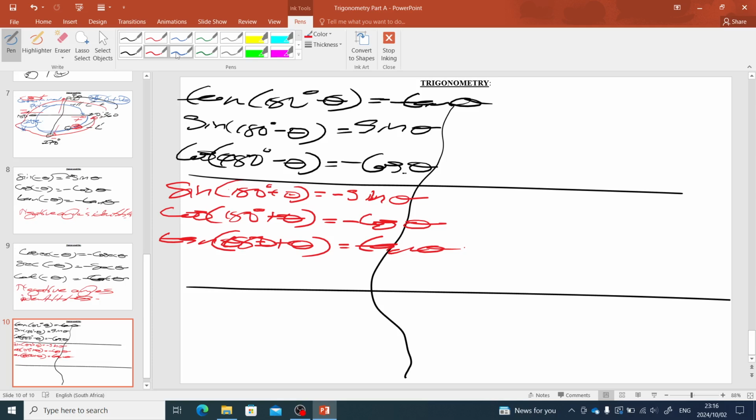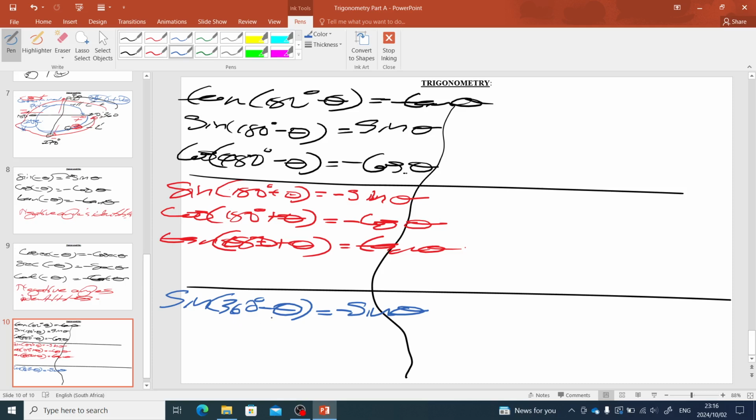Including the fourth quadrant, we are having sine of 360 degrees minus theta. But the fact that it is cos that is positive on the fourth quadrant, it will be negative sine theta. It is the combination. Here you can tell we are having the combination of negative angle identities, converting the negative angle to positive.